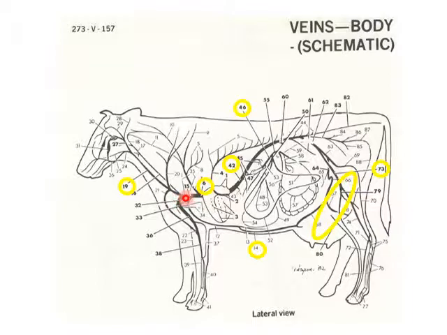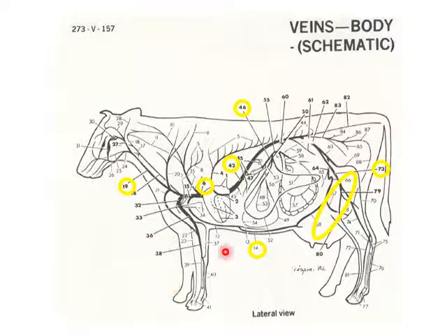That's right through here, the initial branch coming into the right atrium. That basically drains the top half of the body, the cranial vena cava, or you could call it the superior vena cava.